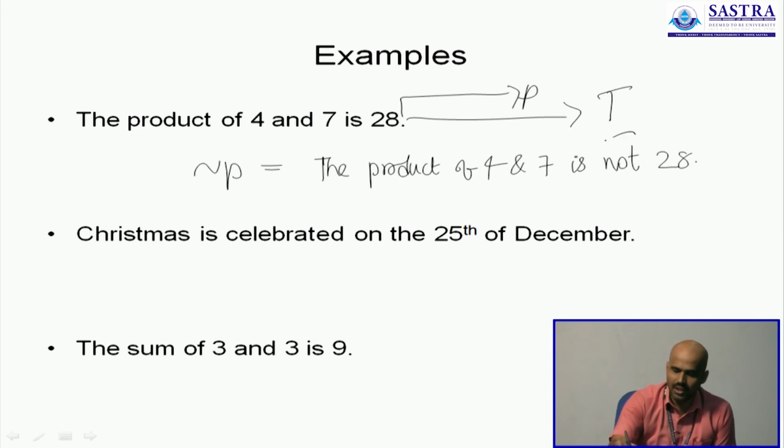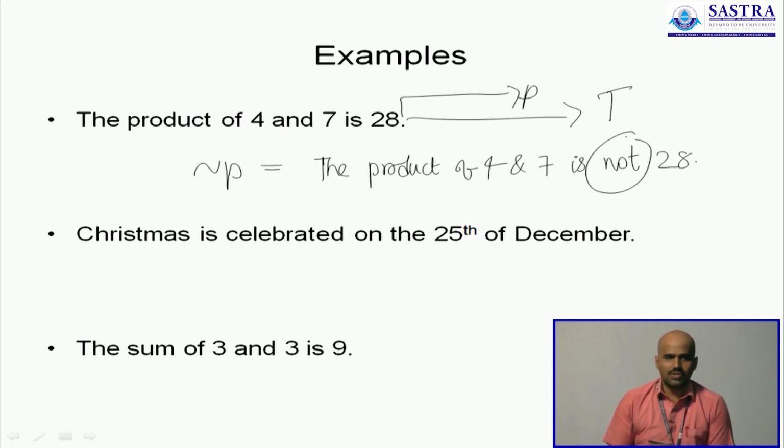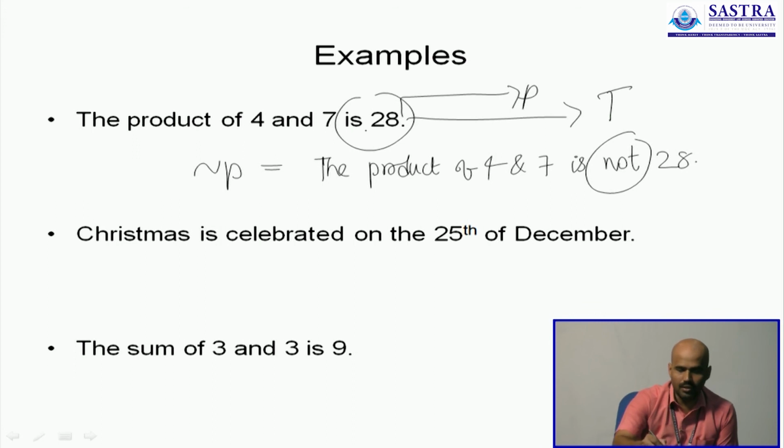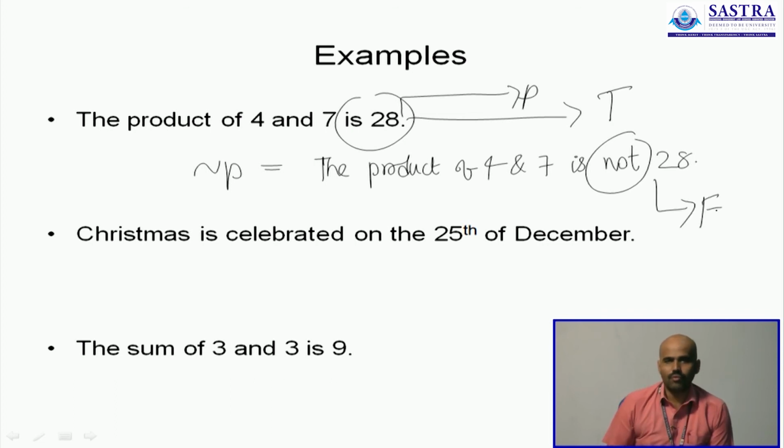We are just denying what we learnt in the previous sentence. We are looking for its opposite. It was supposed to be 28, now it is not. Now we know that the statement is wrong because 4 and 7 always give you 28. If I claim that the product of 4 and 7 is not 28, then of course it's false. Therefore the truth value of the negated P is false.